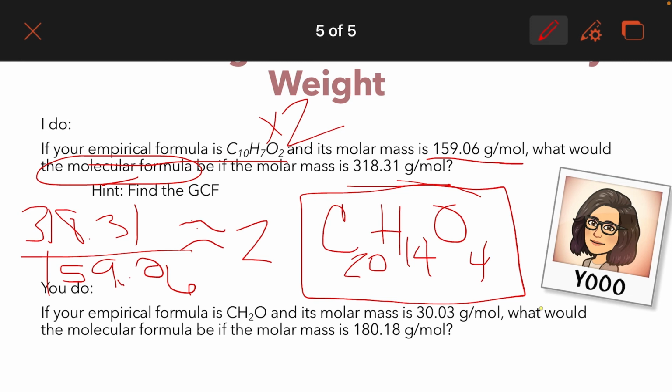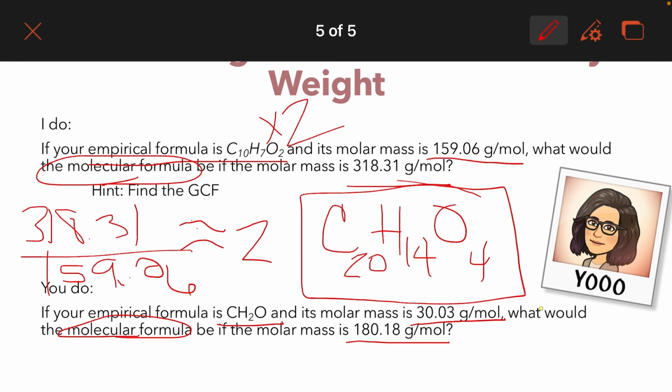All right, let's try one more together. If our empirical formula is CH2O and its molar mass is 30.03 grams per mole, what would the molecular formula be if the molar mass is 180.18 grams per mole? We are looking for the molecular formula again.